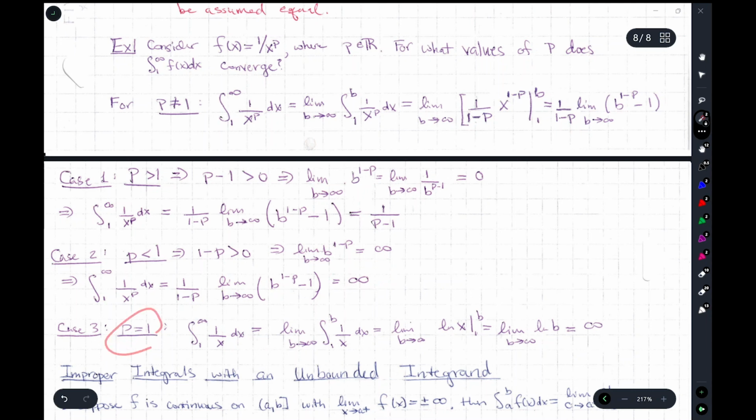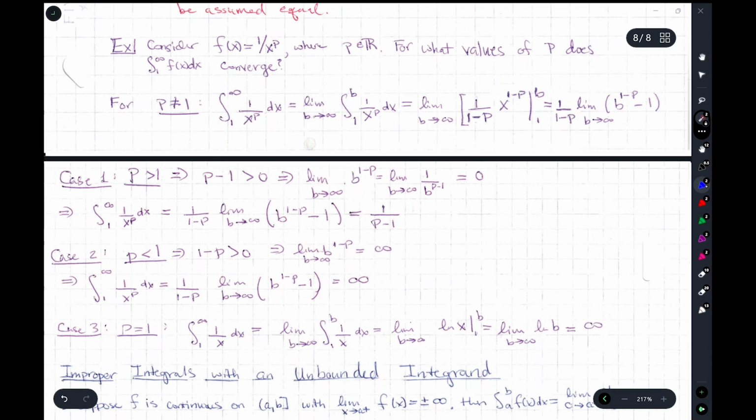What about when p equals 1? That was the special case because we can't write it in this form. Well, you integrate this and you'll get a natural log of x. Then put the bounds and take the limit. Natural log of 1 is 0, and that's why that's not showing up there. But when you take the limit of natural log of b, you get infinity.